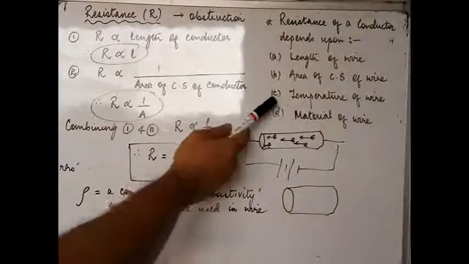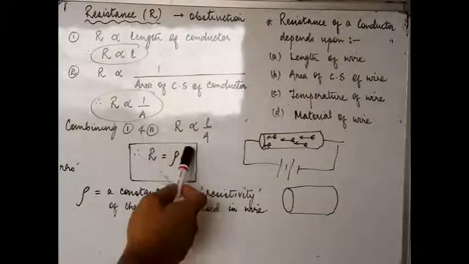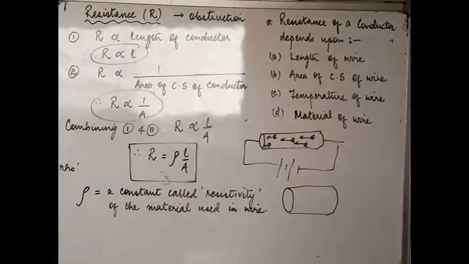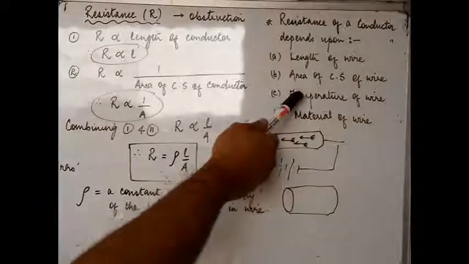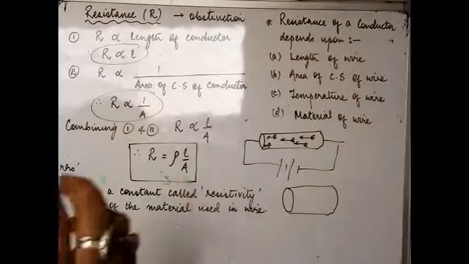But from where are these two coming? The resistance formula only has length and area in it. Rho obviously is a constant. So where are these two other factors coming from? It is very logical to understand the remaining two factors. Temperature of a wire.